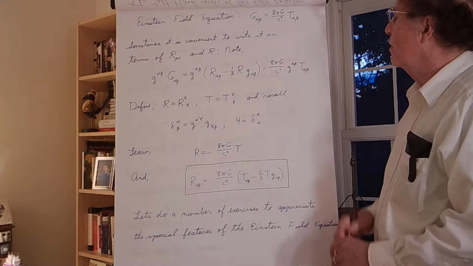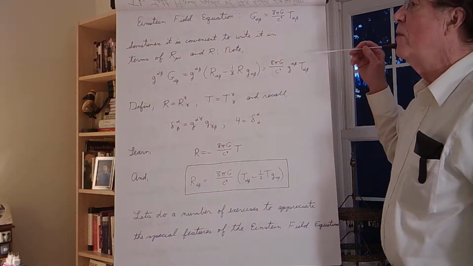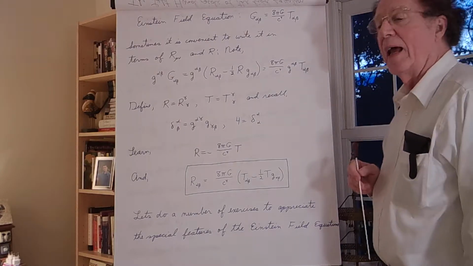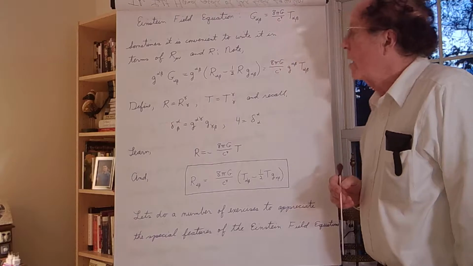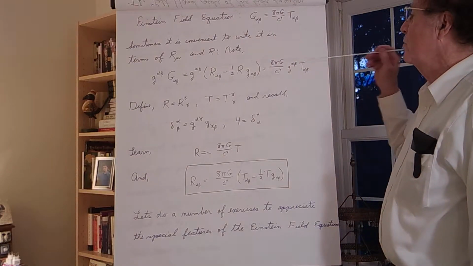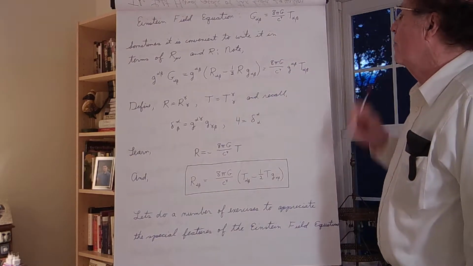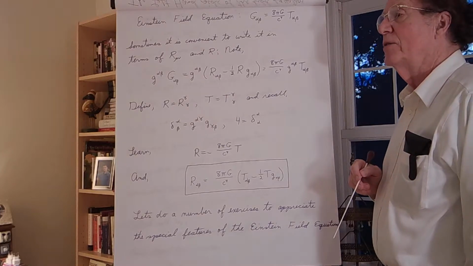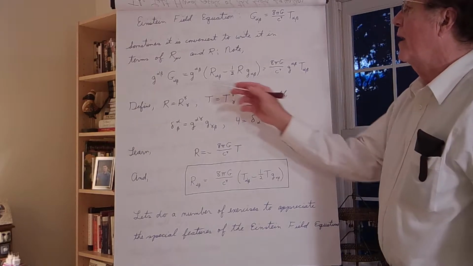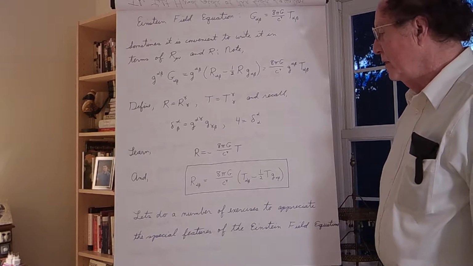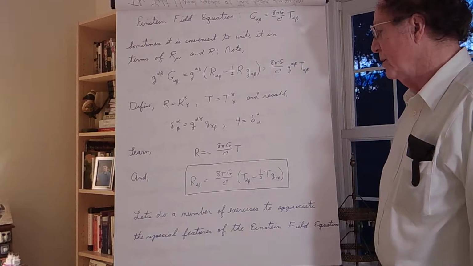We had to do that because we want the concept of energy momentum conservation to go through in a curved space-time. So on the right-hand side, we write down the energy momentum tensor. We want it to be conserved. So I apply the covariant derivative to this formula, and both sides vanish.